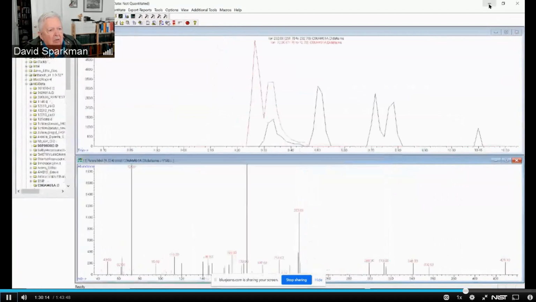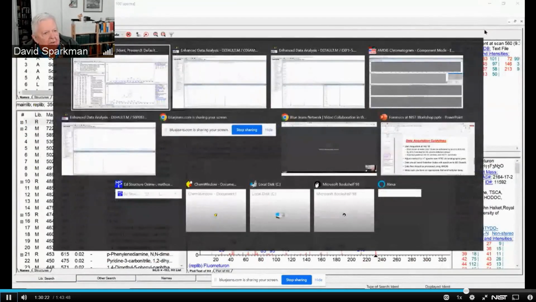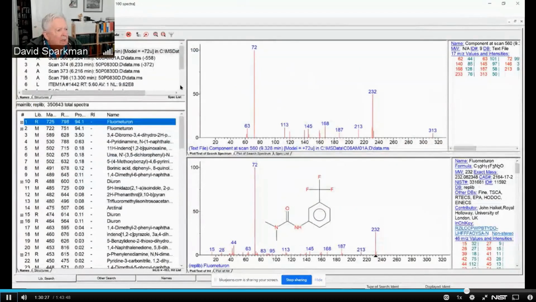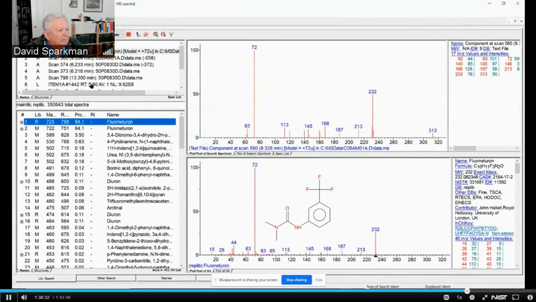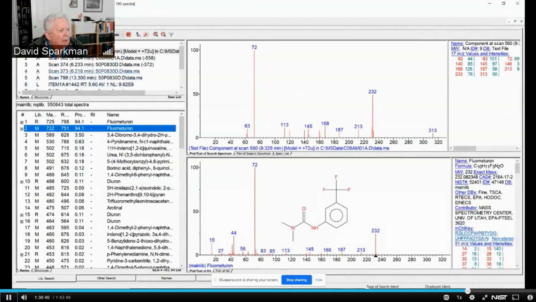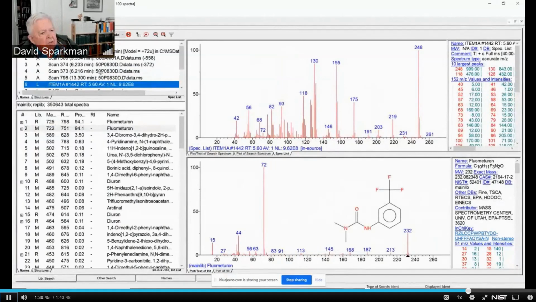Now, I want to talk to you a little bit about the hybrid search. Here is a spectrum that was sent to me for identification.